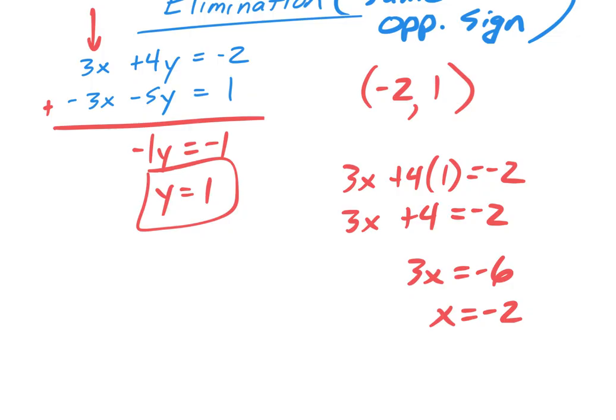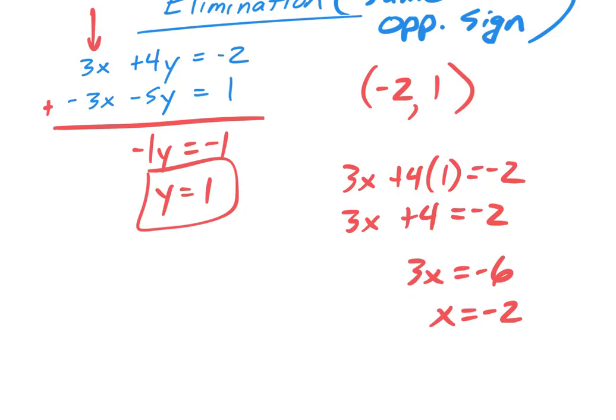That's my ordered pair. And once again, I'm not going to show you how to check it every single time, but you could take that ordered pair and plug it into both of those equations, and it should work for both if you wanted to verify that.